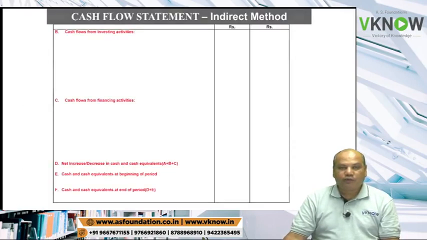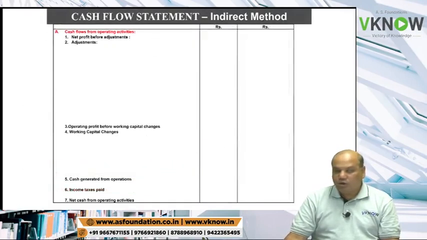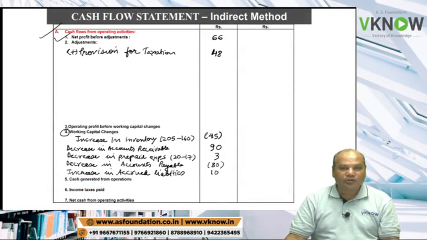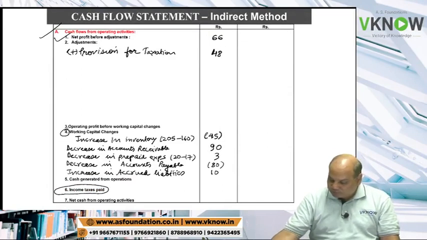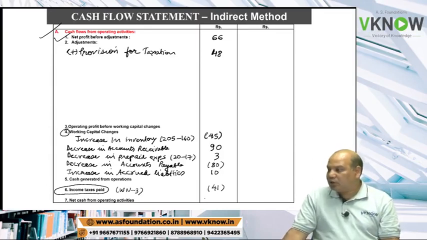So where will you write 41? You will write in operating activity, last second line, income tax paid. Working note 3, amount in bracket 41.